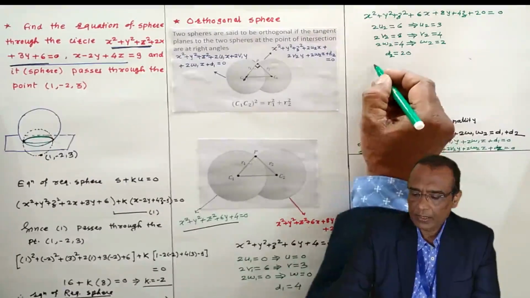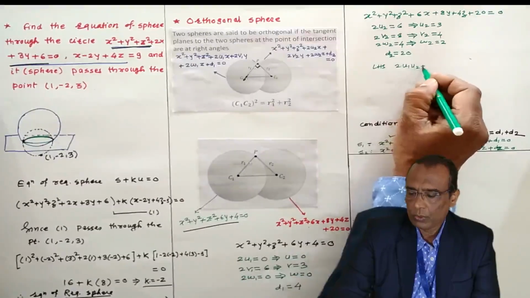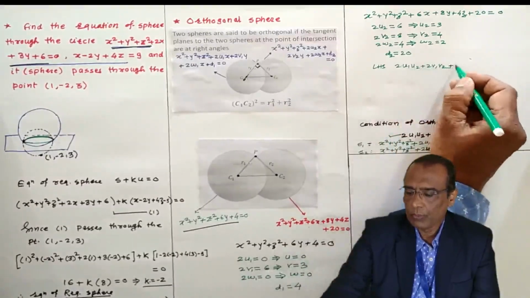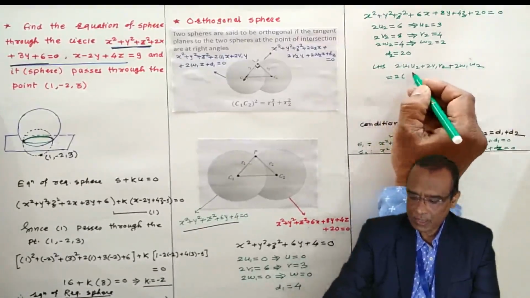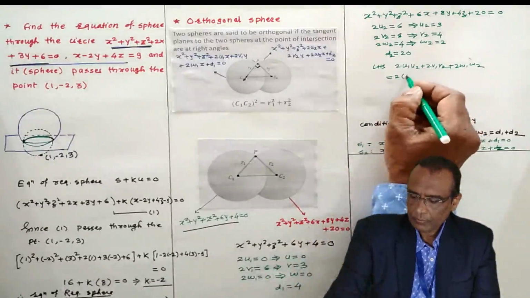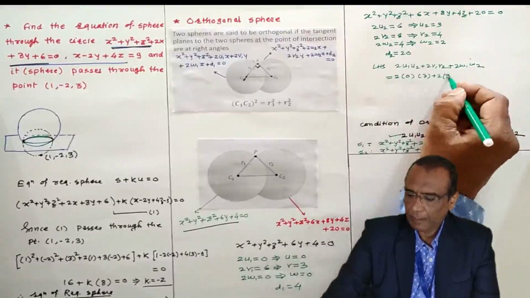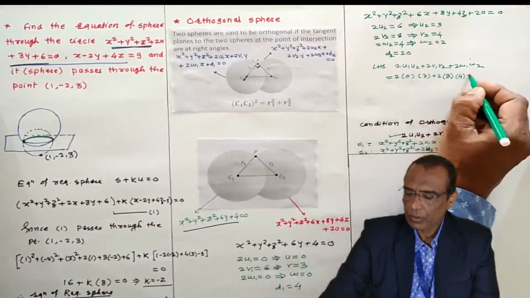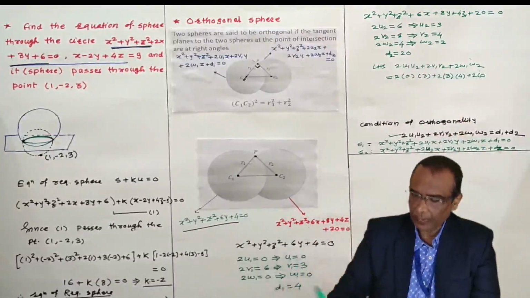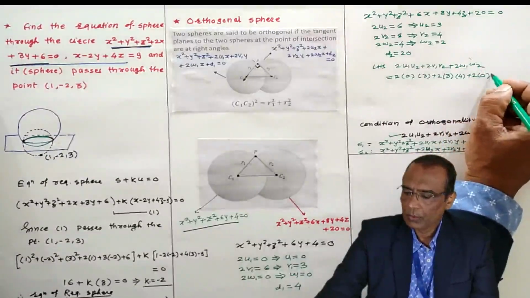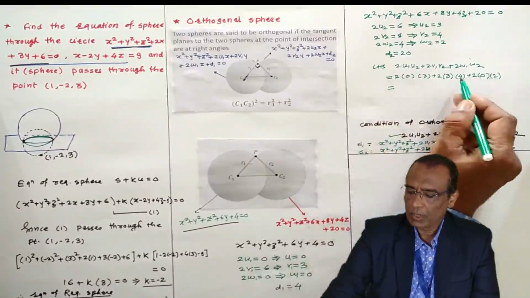Take the left hand side: 2u1u2, 2v1v2, 2w1w2. Putting in the values: u1 is 0, u2 is 3, v1 is 3, v2 is 4, w1 is 0 and w2 is 2. This comes to be 0, 0, 12 and 20.